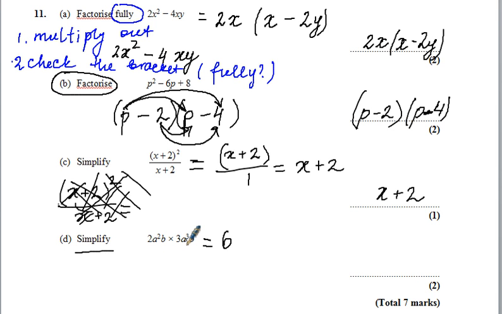Okay, a squared times a cubed, it is the same base, and you add indices, so you're getting 5, and b to the power 1 times b to the power 1 makes it b squared. So the answer is 6a to the power 5 b squared. That's it. So let's move to the next question.